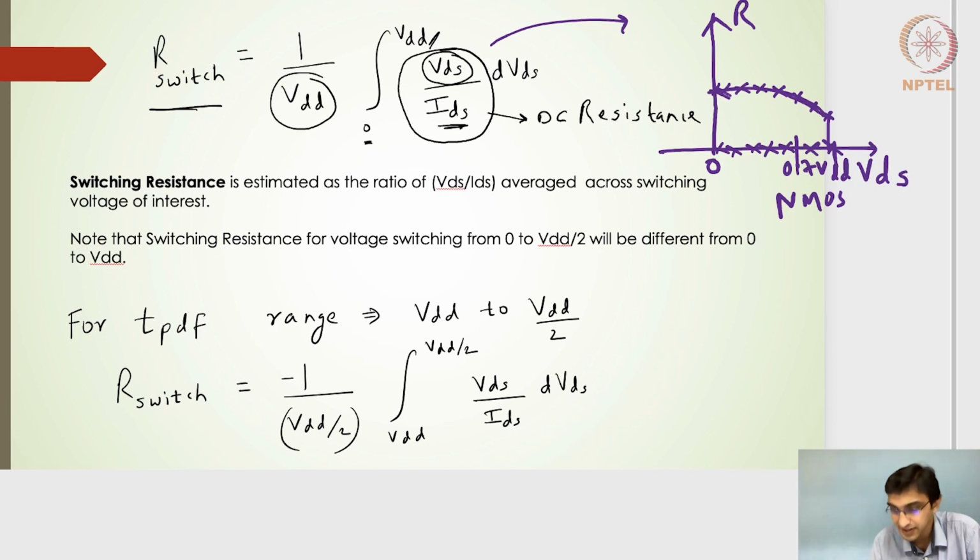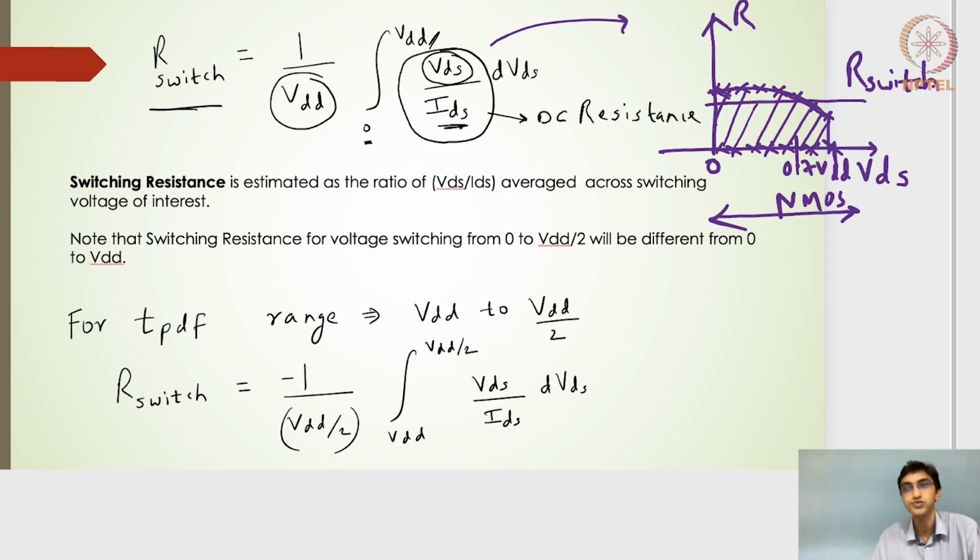Integration is nothing but an area, so it takes the area and then does the 1 by VDD, so that we get some kind of an average value. This becomes the switching resistance.